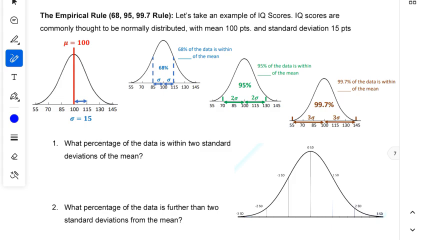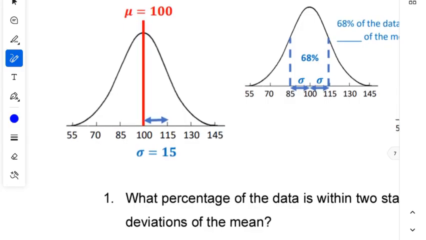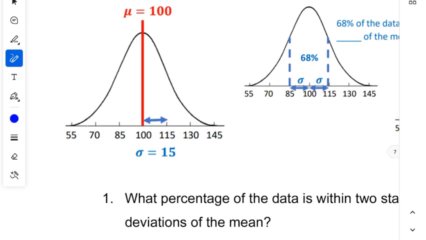IQ scores are commonly thought to be normally distributed with a mean of 100 and standard deviation of 15. So mean and sigma, standard deviation, mu and sigma. Right there on that red line for this normal distribution is the mean, and then we go up by 15 for our standard deviation.